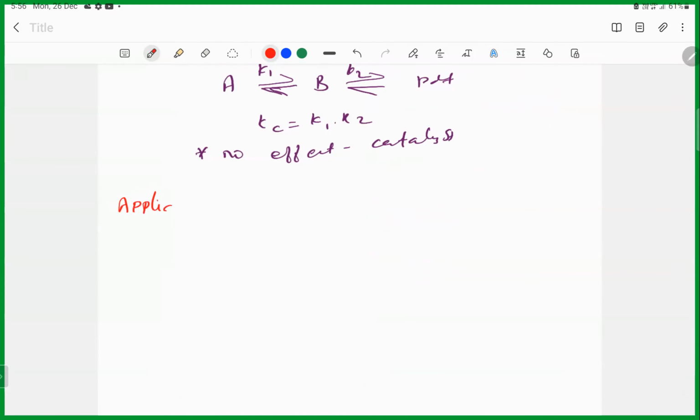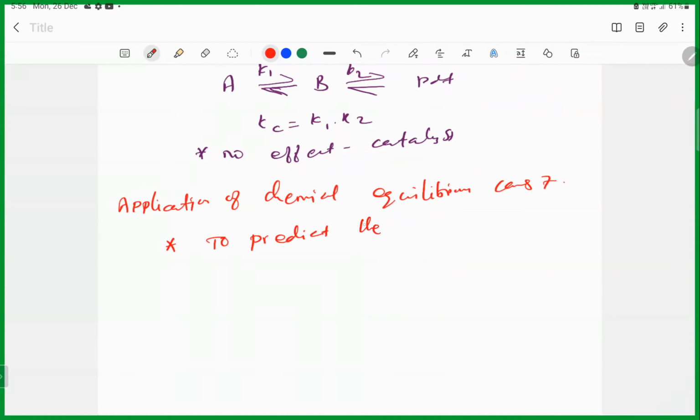Application of the chemical equilibrium constant. First one, to predict the extent of the reaction, how far it is completed or how long it takes to reach equilibrium. The magnitude of the equilibrium constant helps us to predict the amount of reactant and product of the reversible reaction.